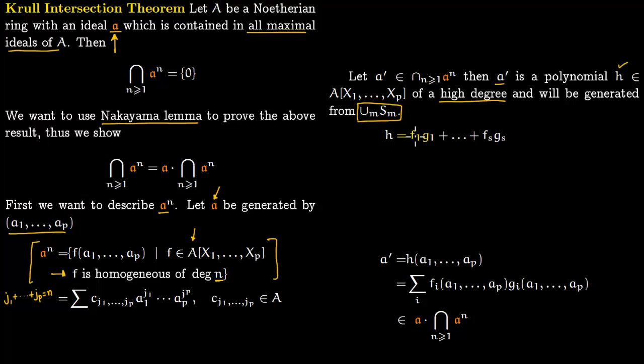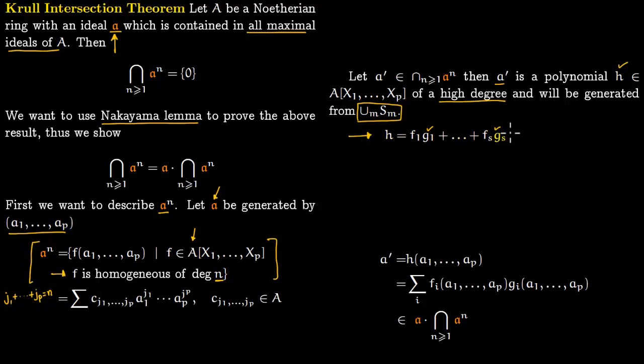This polynomial h we can write as f1 g1 plus f2 g2 all the way to fs gs, where g1, g2 all the way to gs are generators of this set, and the f1, f2 and so on come from this ring here. So we are able to finitely generate h, and that is critical.